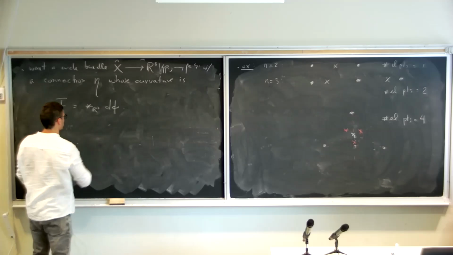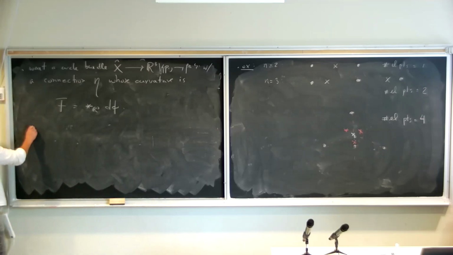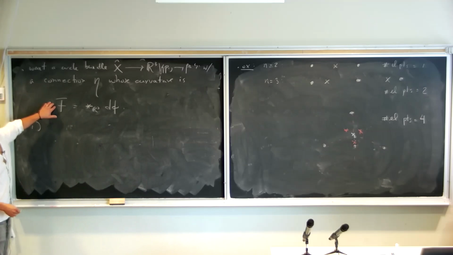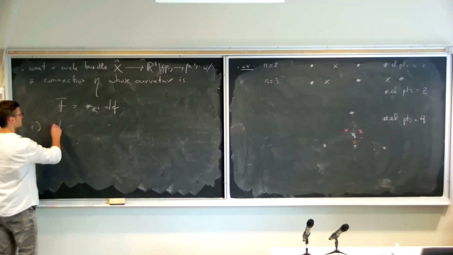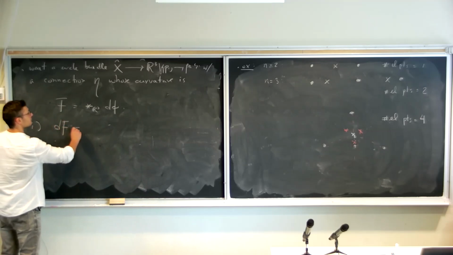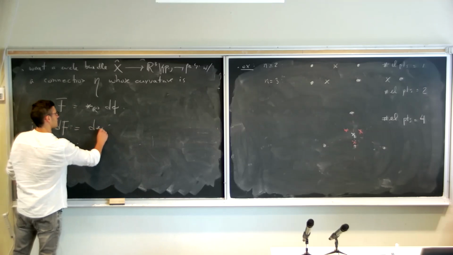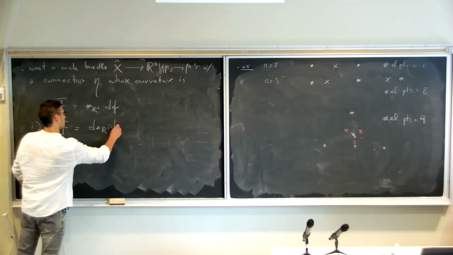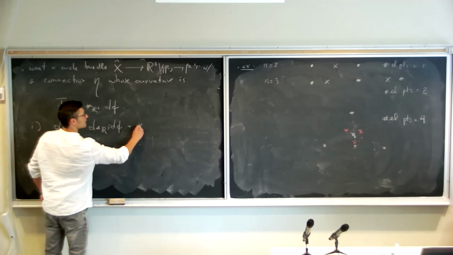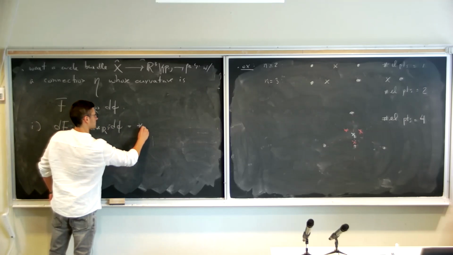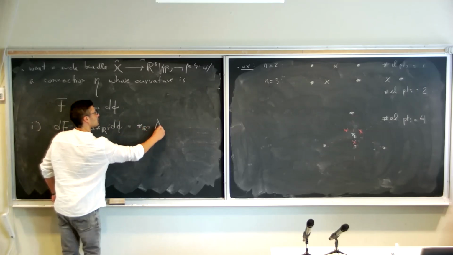So that's the equation. There are two requirements for this to be the curvature of a connection. The first one is that F must be closed. Okay, so let's check that. If we take F, that's d star R3 d phi, and that's basically the Hodge star on R3 of the Laplacian of phi.